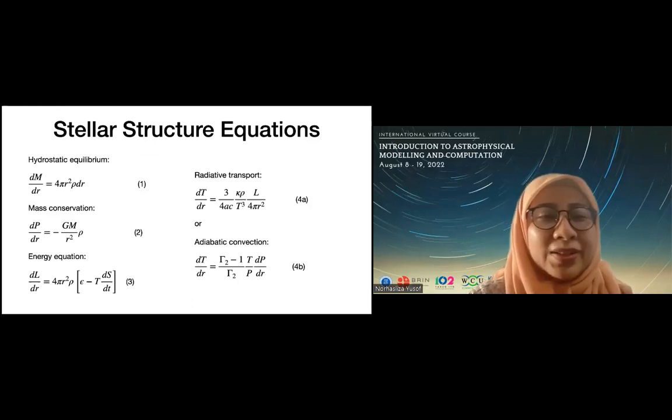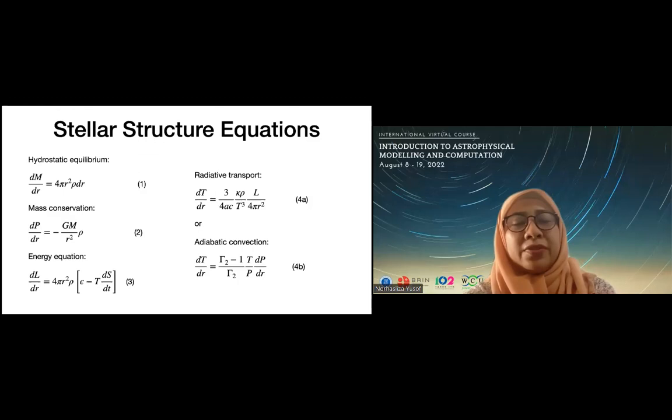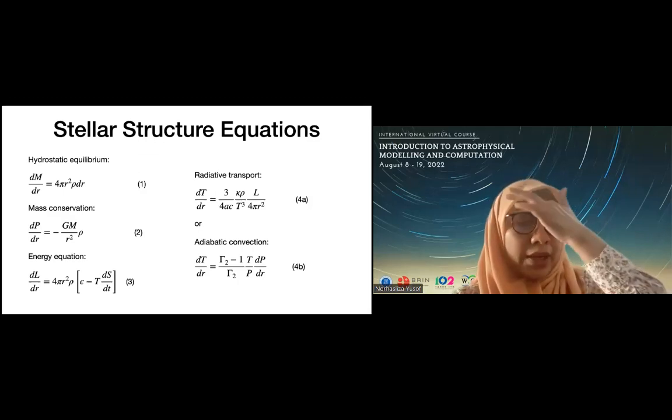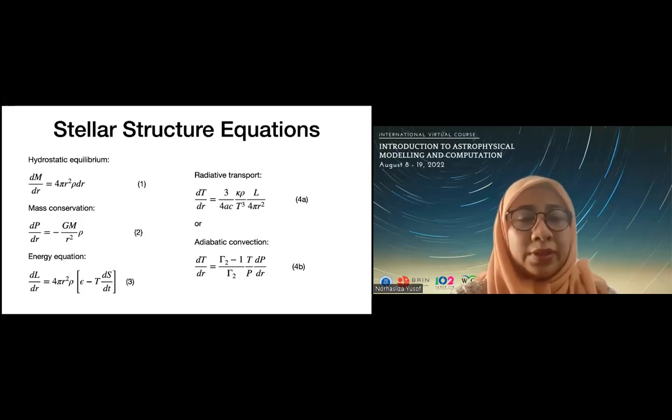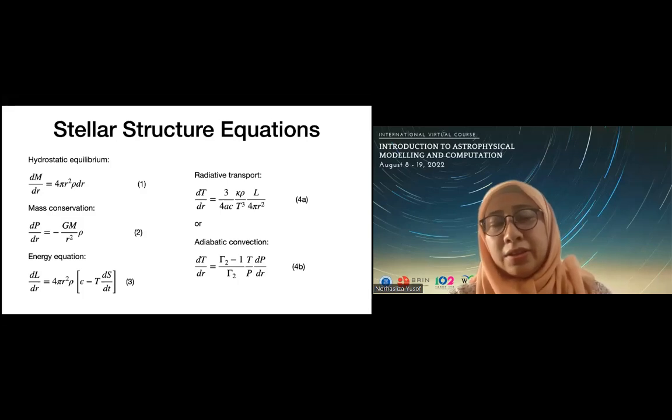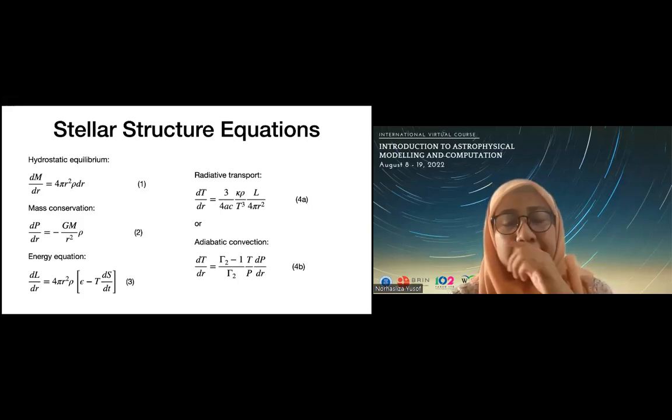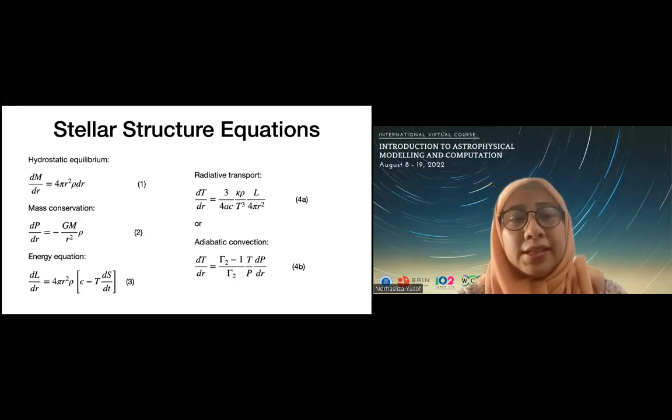So the first one is the mass conservation, dm over dr. Sorry, yeah. And then hydrostatic equilibrium is for the pressure with the rate of radius. From here, this is where we have the internal pressure and gravity, and this is for our mass. I will correct this slide afterward.